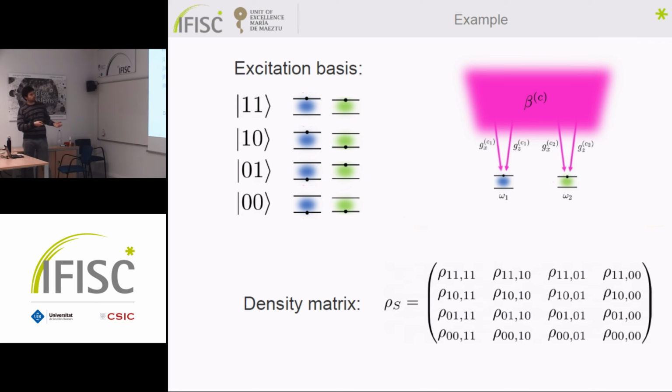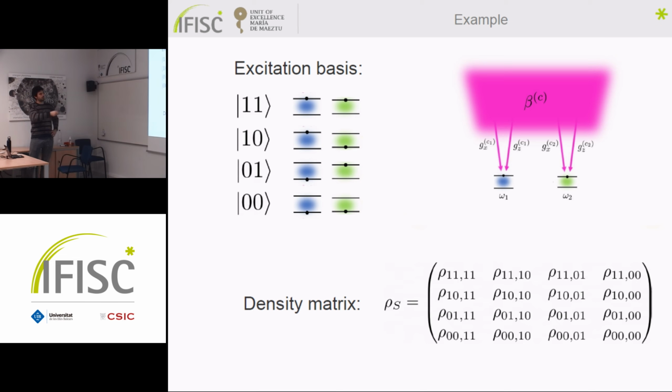Now, how can we describe it? Well, let's take a basis of my 2 qubits. The simplest one is to see the 2 qubits as 2 fermions, in the sense that you can have this fermionic basis: 0,0, all the qubits down in the ground state; 0,1, first qubit down, second qubit up. Qubit or spin is the same thing. 1,0, first qubit up, second down; 1,1, all the qubits are up, so in the excited level.